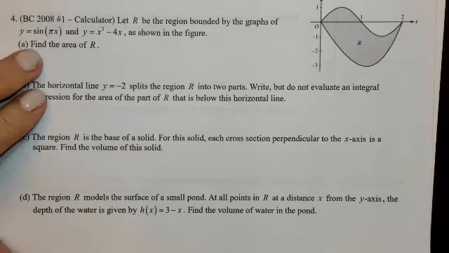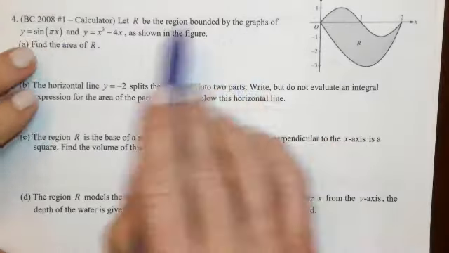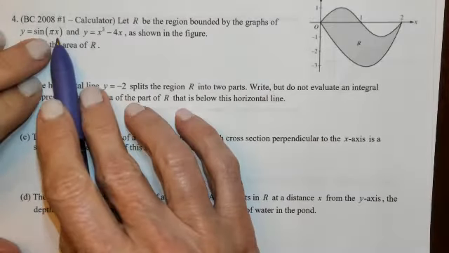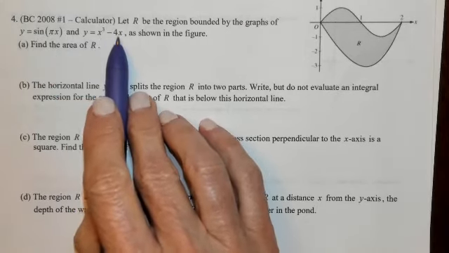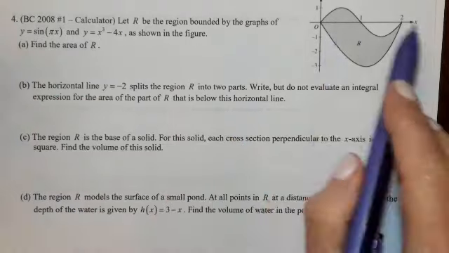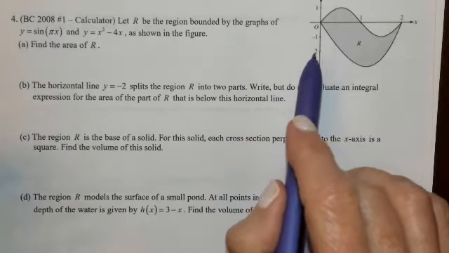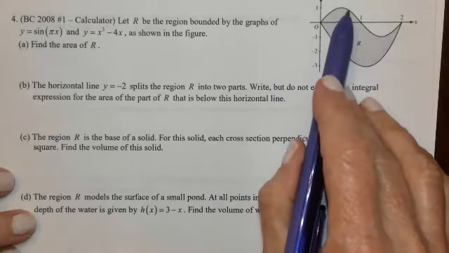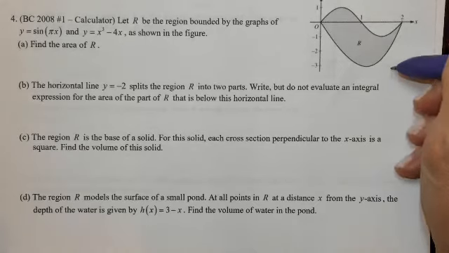So let's see. We have let region R be the region bounded by the graphs of y equals sine of pi x and y equals x cubed minus 4x. So which is which? Which is sine x, which is x cubed minus 4x? If you don't know that from looking at it, to me it's obvious that the top one would be the sine curve and the bottom would be the cubic.